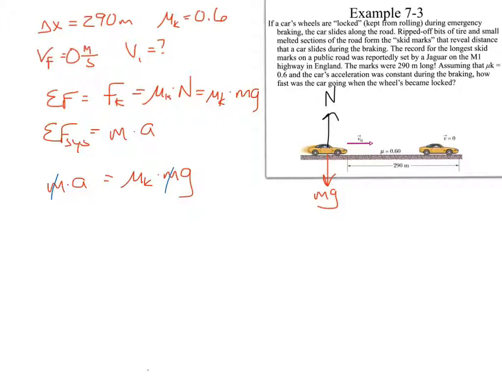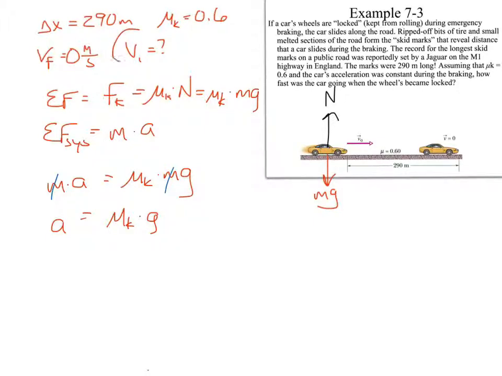It will cancel out, and so we can say that our acceleration equals mu k times g. All right, let's think back. What are we solving for right here? We're solving for initial velocity, all right?